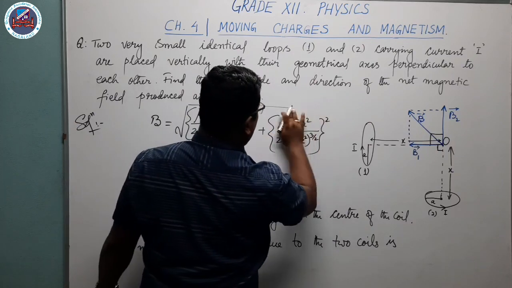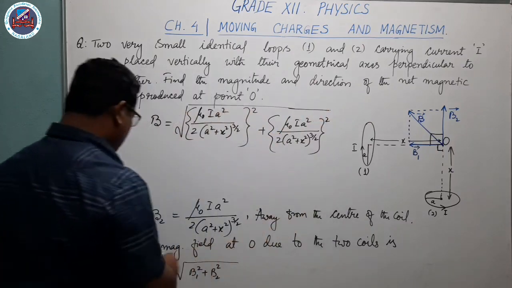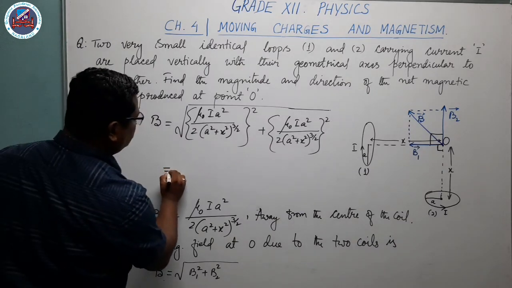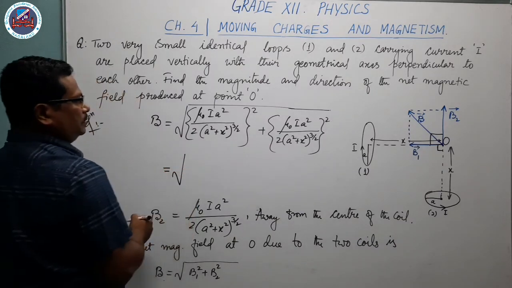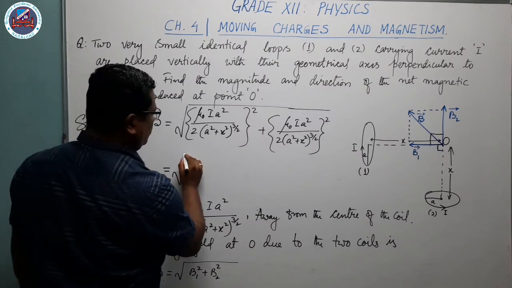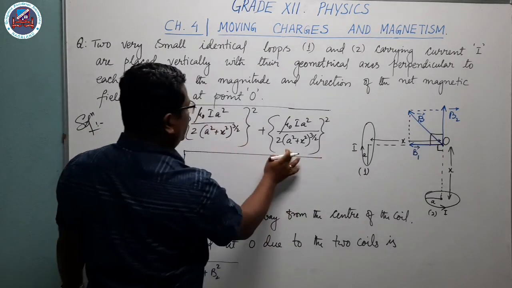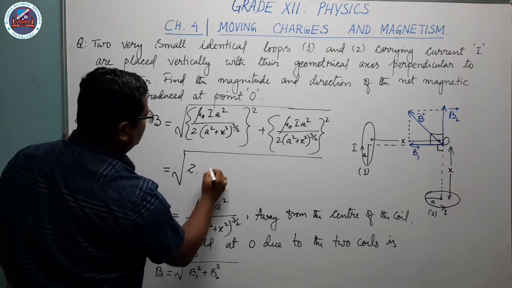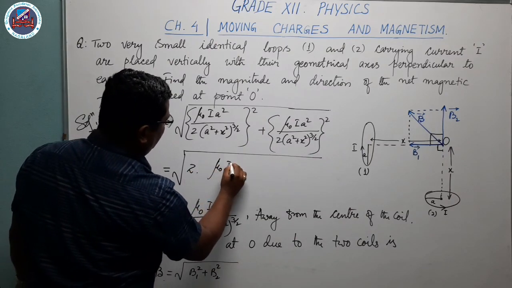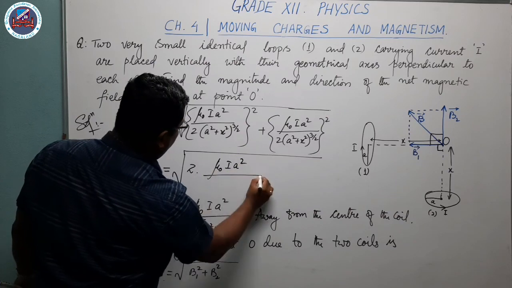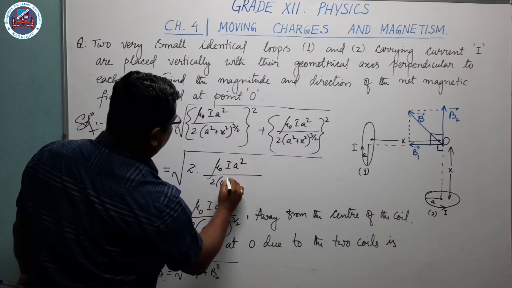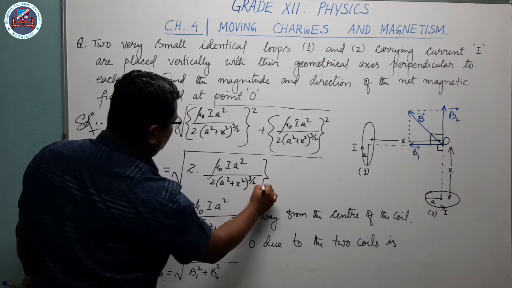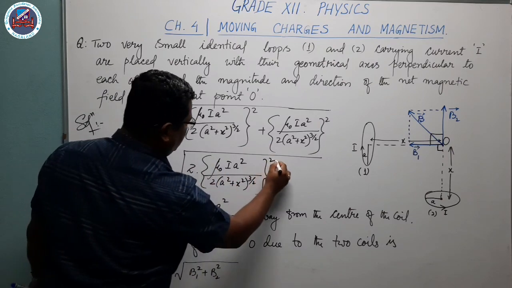Like this you'll get it. Now both the terms are the same, so we can write 2 times mu naught I a square divided by 2 a square plus x square to the power 3 by 2, whole square.